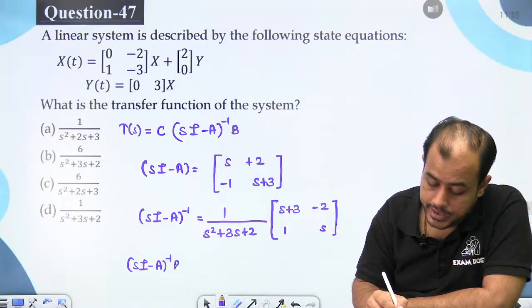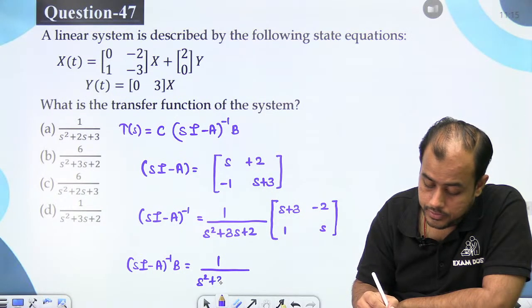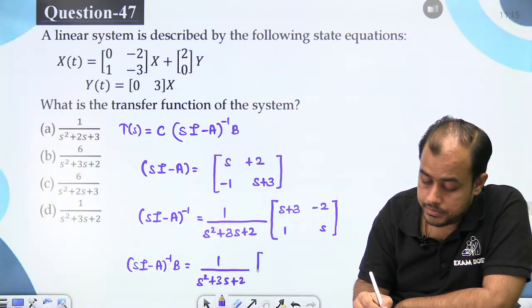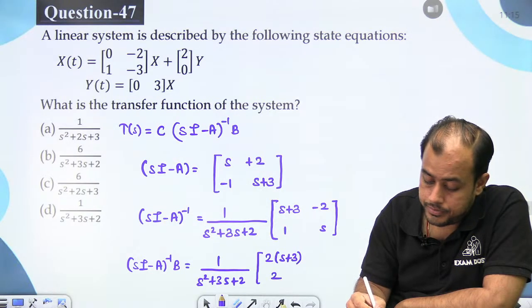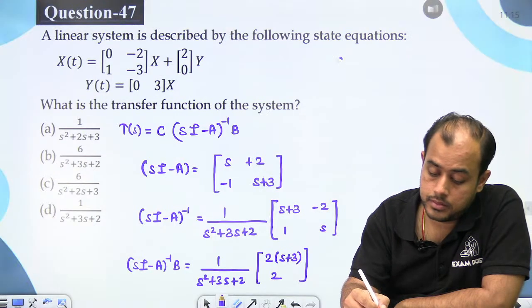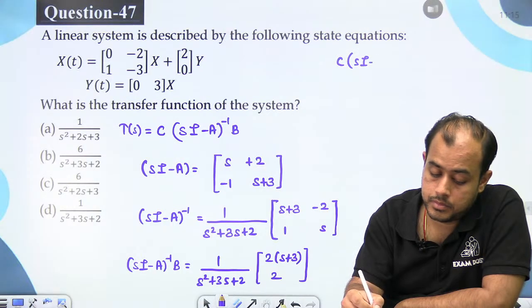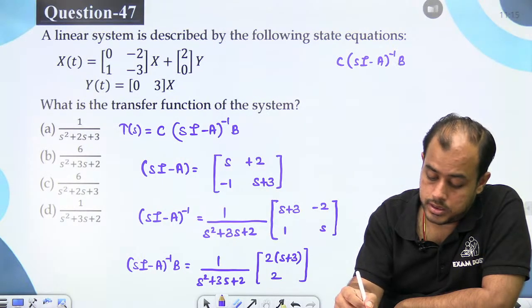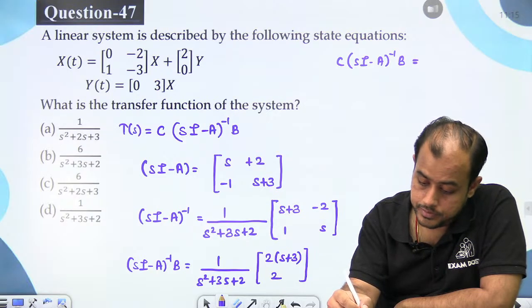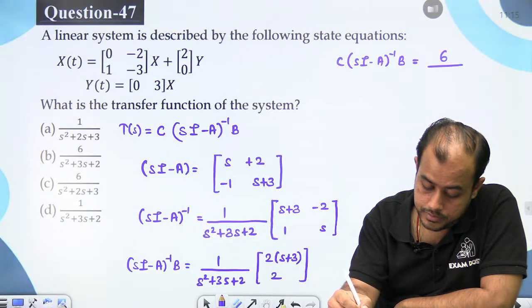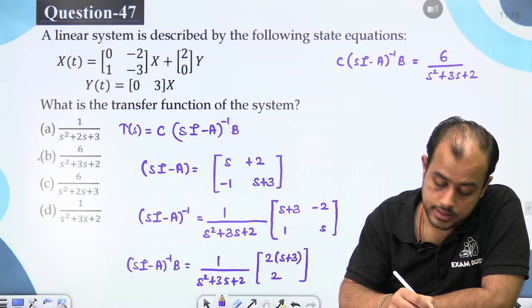Now multiply it by B. 2 0. First row into first column. Second row into column. C is 0 3. So answer is B.